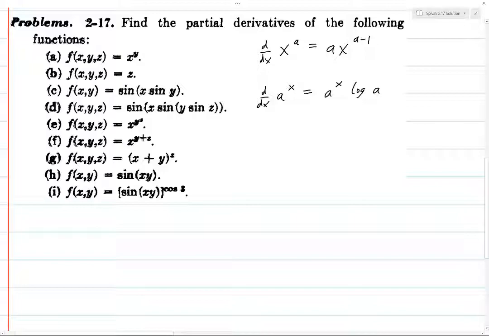If you have f of x, y, z is x to the y, then the partial derivatives do not necessarily exist for all points in R3. But the details of where they are all defined nicely, you can worry about that, but I don't really.